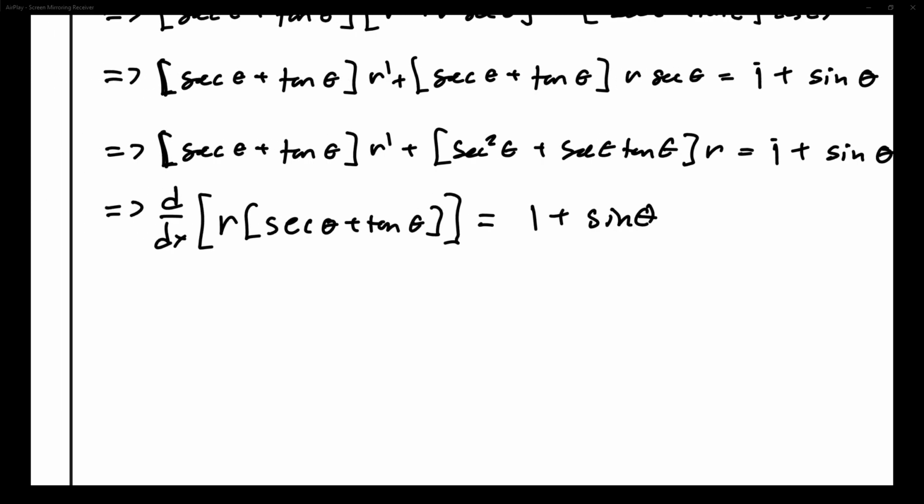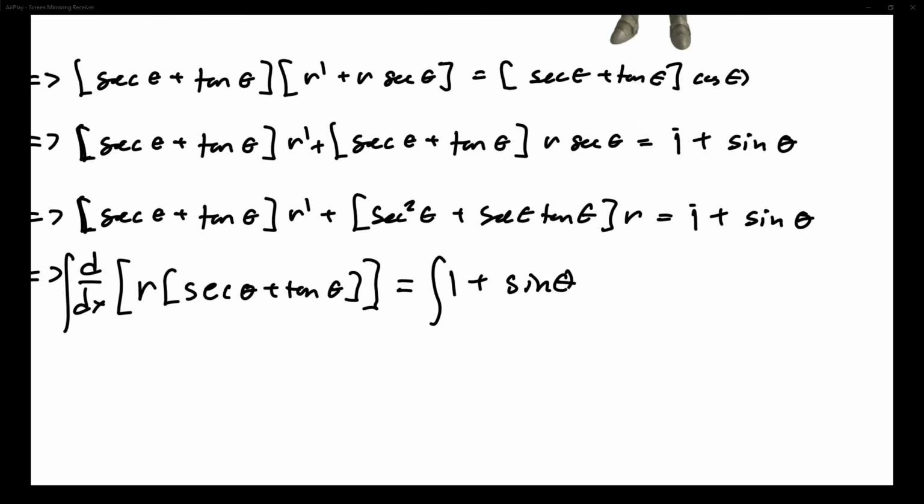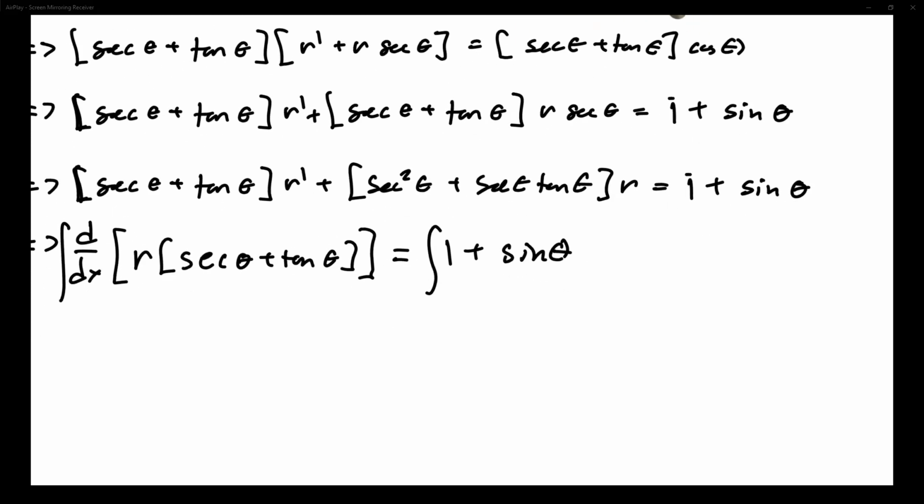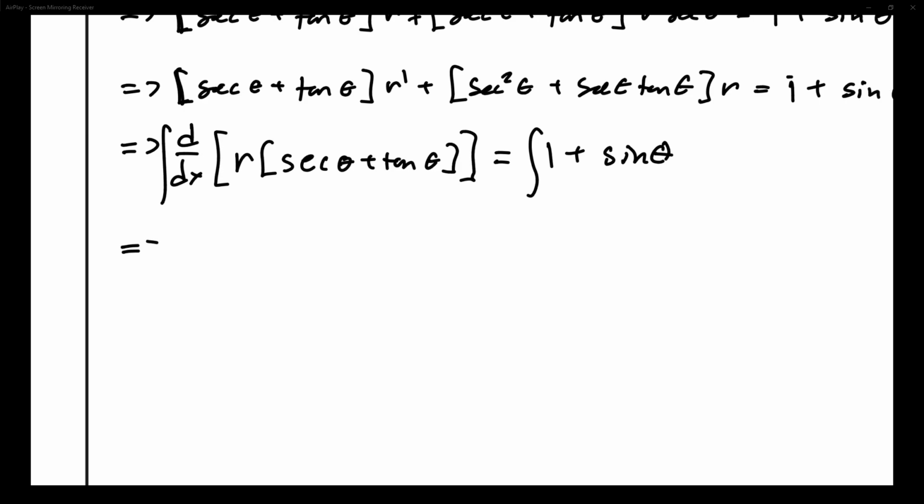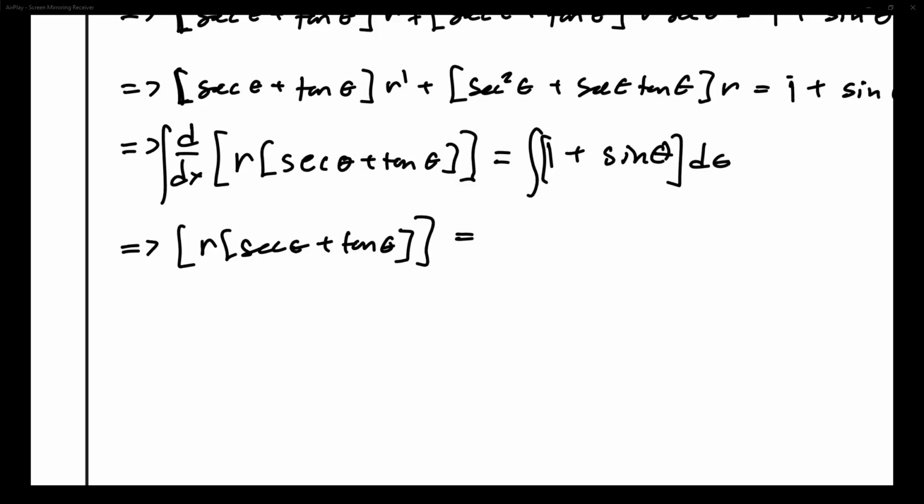And now you just integrate both sides. We don't really care about the plus c when we find the integrating factor, but now we're going to care about it. The integral of a derivative is just, they're inverse operations, they kind of cancel each other out. So it's r times secant theta plus tangent theta equals theta, and the integral of sine is negative cosine.